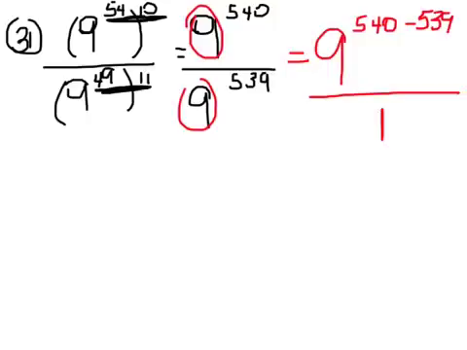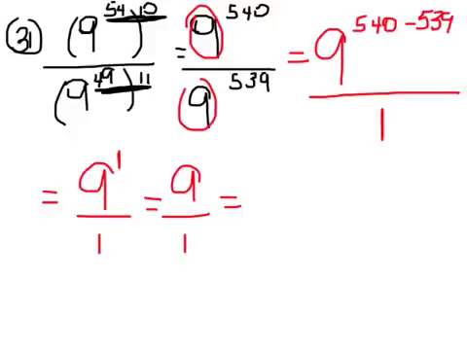And nobody wants to write 540 copies of 9. So we won't go through that exercise, but you'll have a 1 on the bottom because wherever you've moved the terms to, if there's nothing left, just put a 1 on that side of the fraction bar. Well, 540 minus 539 is 1. So it's 9 to the first power over 1. 9 to the first power is 9 over 1, which is just 9. There's an exact answer there that we could get, and your calculator will tell you it can't do the problem. But you can do it because we know exponent rules.